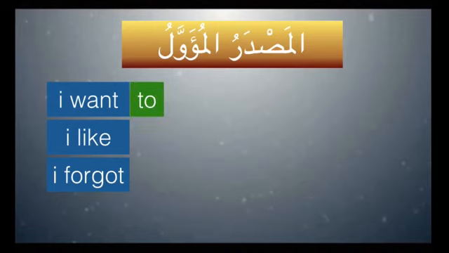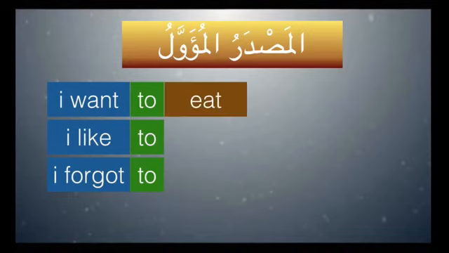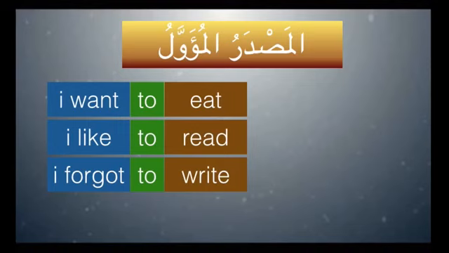That's the normal preposition which we use. I like to, or I forgot to. And what comes after "to" is a base form of the word. For example, if you want to eat, you say I want to eat. I want to read. I want to write.